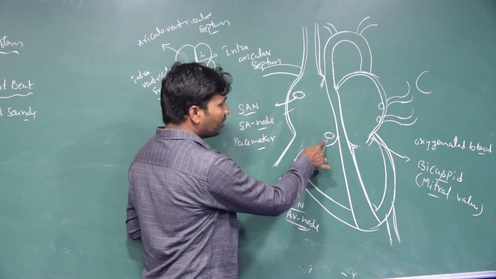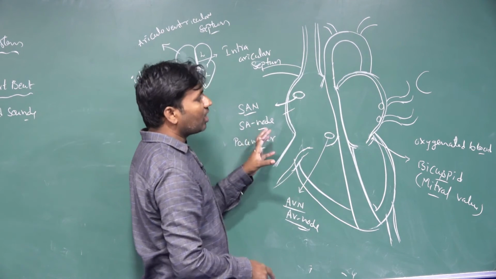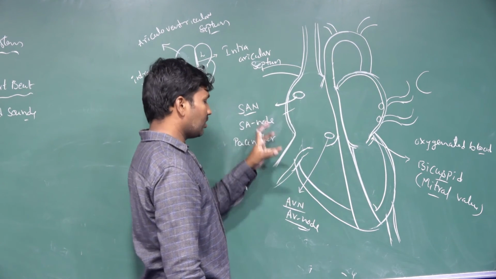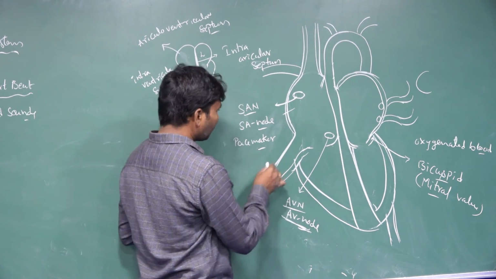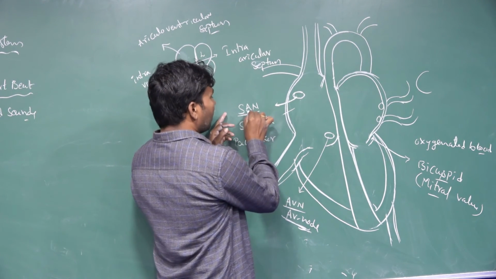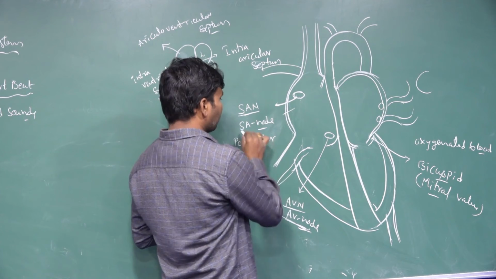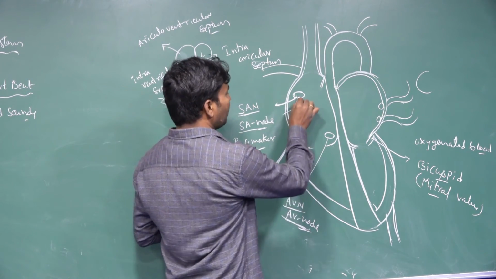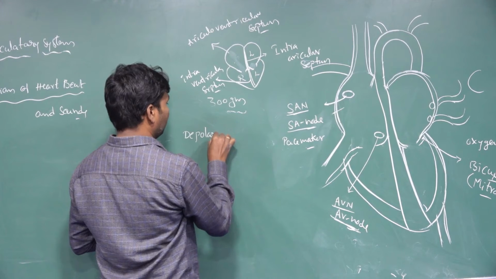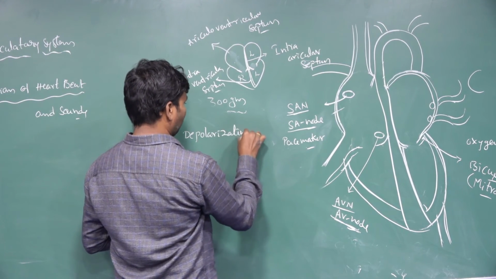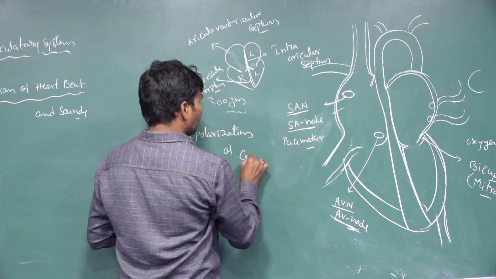With the help of these two nodal tissues only, the heartbeat occurs. First of all, in the SA node, the sino-atrial node, there is depolarization of cardiac muscles.